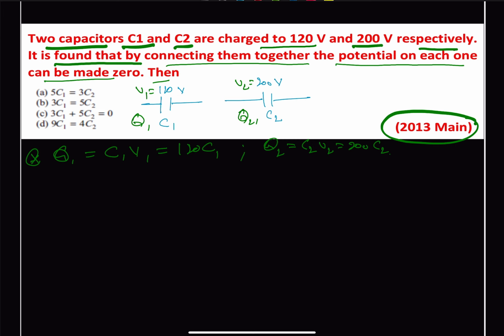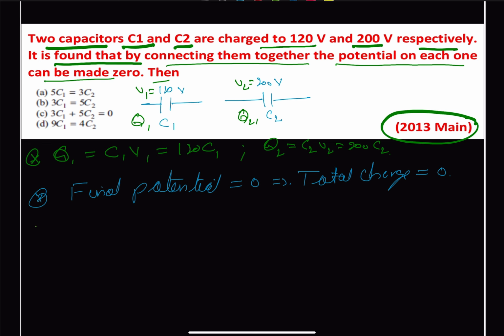Therefore, we can write that the final potential is 0, so the total charge should also be equal to 0.